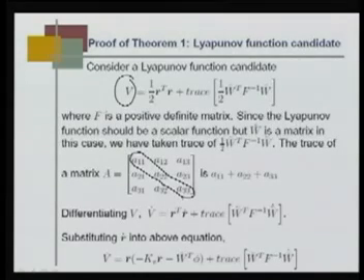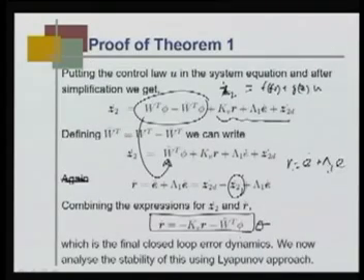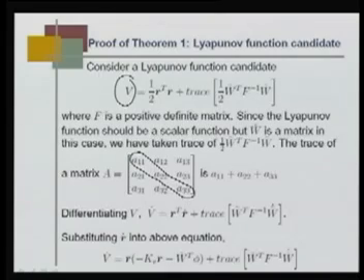Substituting R dot into the above equation, which is the closed loop dynamics, this is my R dot. So, if I replace this equation in V dot, which is R transpose R dot, we may get a nice solution, which we have derived now.